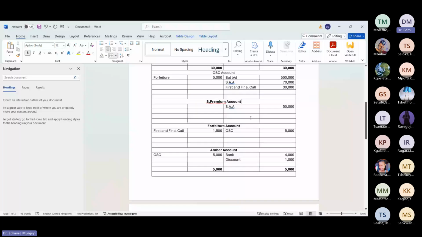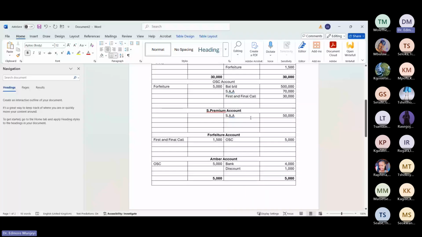Let's just focus on Ember. When she's buying the forfeited shares, we give them at the value that they were supposed to be given at, 5,000 on the debit, and then she bought them at a discount.